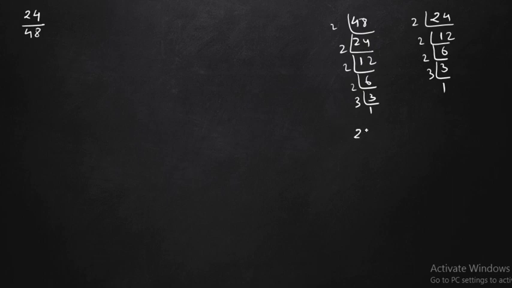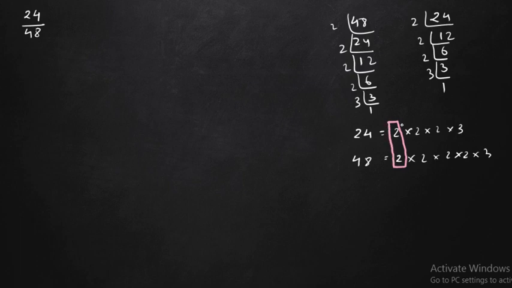That means 24 can be written as 2 three times and 3 one time, and 48 as 2 four times and 3 one time. So we want a common divisor, not the highest common divisor. Here 2 is common, this 2 is common, this 2 is common, and the last one, this 3, is also common.